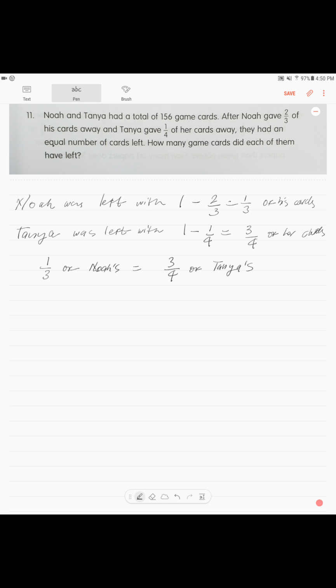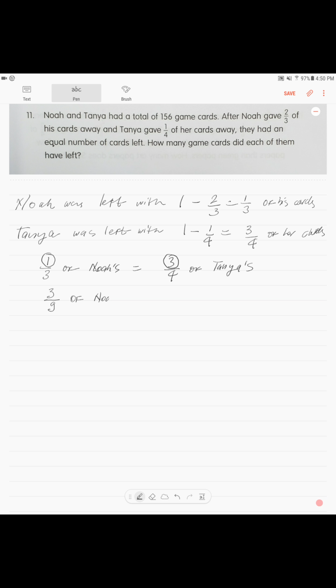So we need to think of units, right? So 1 unit is equal to these 3 units, right? But let's change this fraction so that the numerator is the same. So 1/3 is the same thing as 3/9, right? You can see these things are the same, right? We just changed the fraction a little bit.